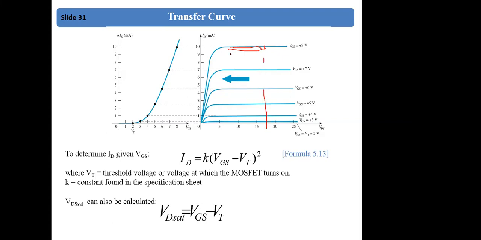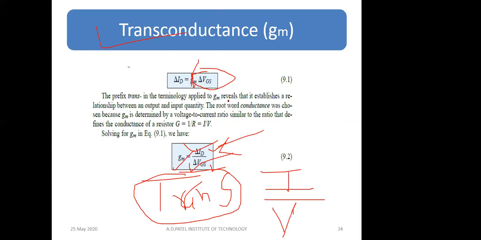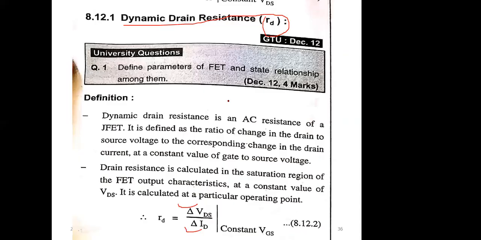It is the ratio of delta VDS and delta ID, since V by I is resistance. The output characteristic has different curves for different VGS values, so we keep VGS constant, take any single curve, and take the slope. This is the drain resistance.